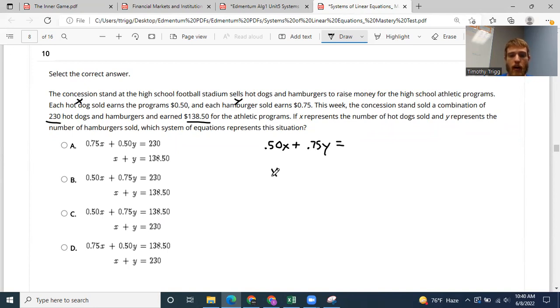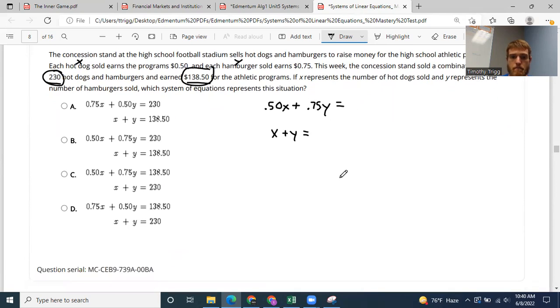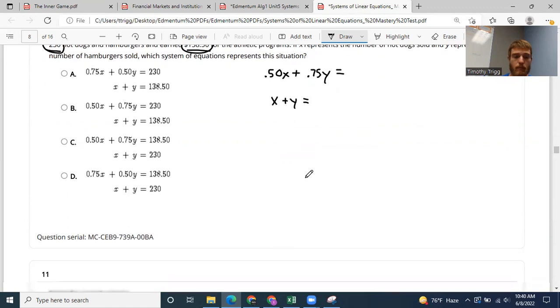Also, if we take the number of hot dogs sold plus the number of hamburgers sold, this should equal the total number of hamburgers and hot dogs they sold. Okay, so looking at these numbers here, where should they go in these equations? Let's try to figure that out. One of them has to do with the values of the items, and the other one has to do with the quantity of the items.